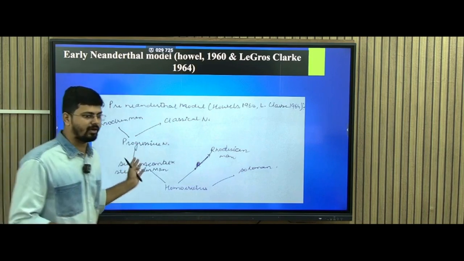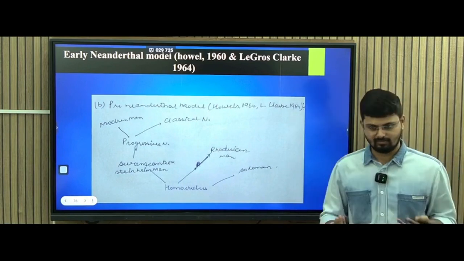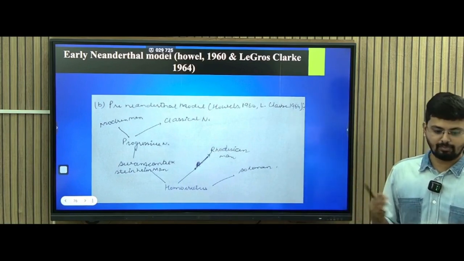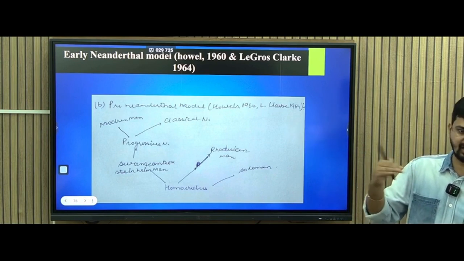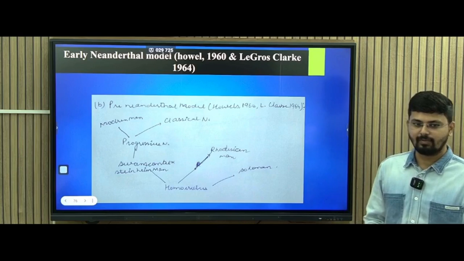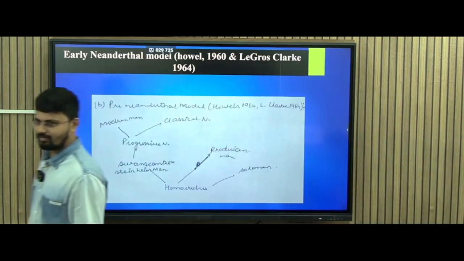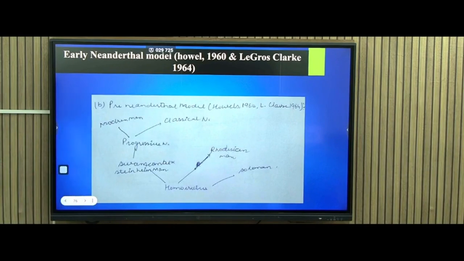People don't believe at all that the classical evolved from the progressive, right? Even if you say that first the classical came and from there Homo sapiens and progressive, people may accept that, right? But anyhow, they have given this phylogenetic status and we just go through it.